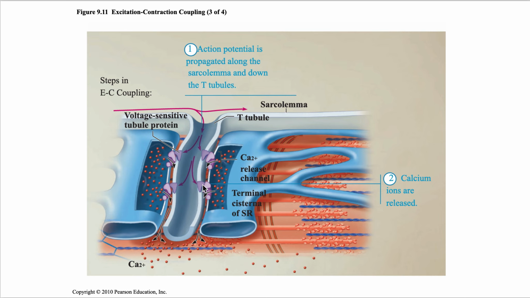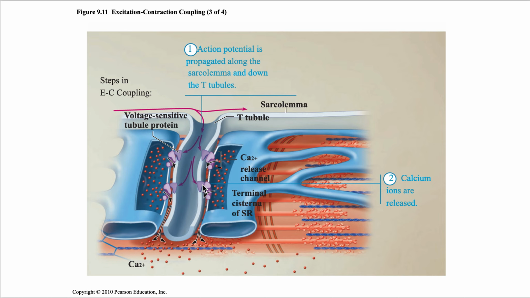Well, there is a swollen area on both sides of this T-tubule, and this swollen area is called the cisternae, and it just means cistern, like where you store water. And this terminal cisternae is essentially a swollen area of the sarcoplasmic reticulum filled with calcium, and the calcium are in ions, positive 2 ions.